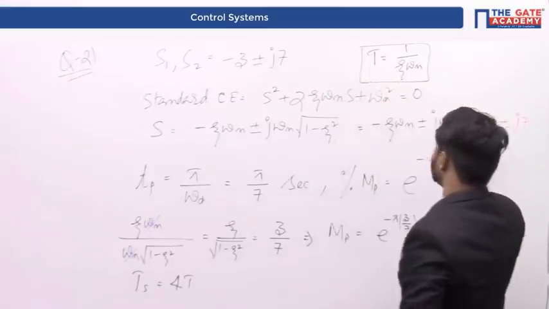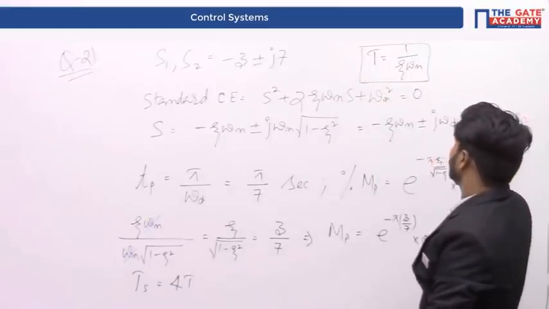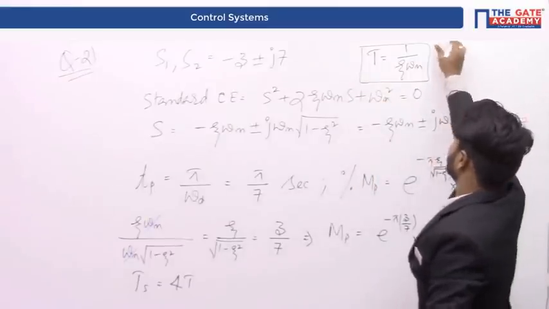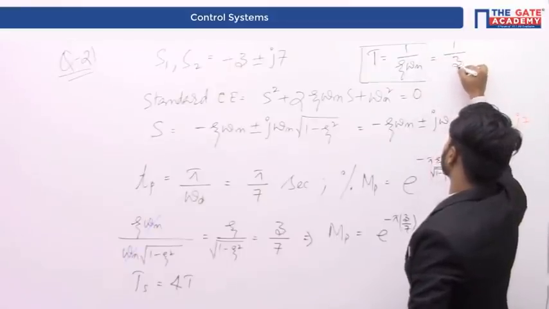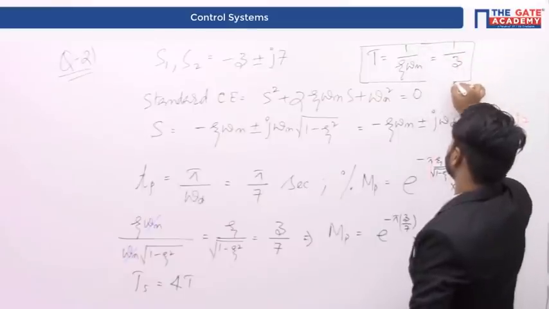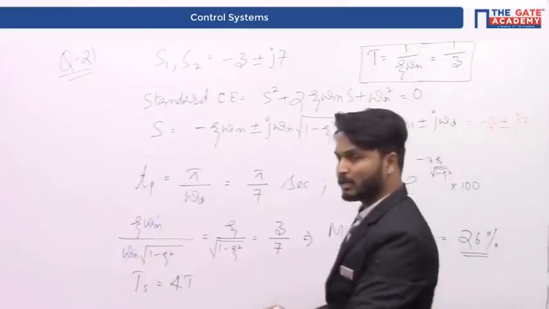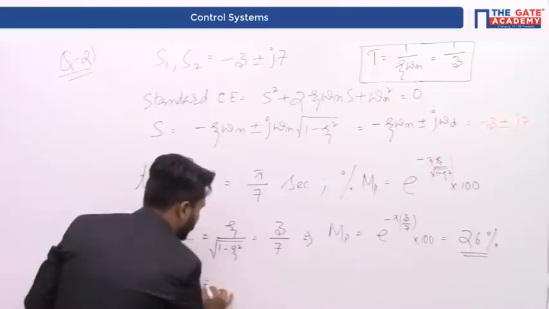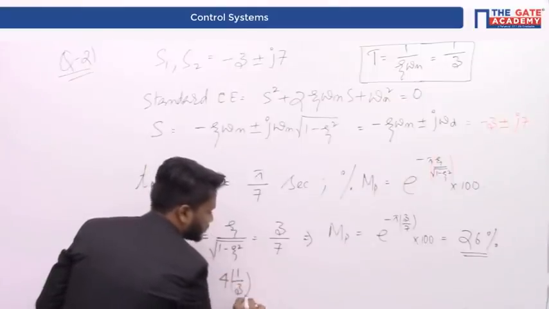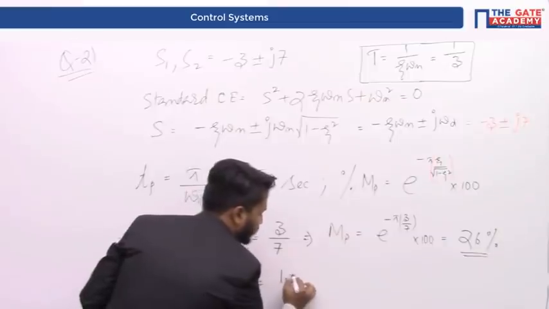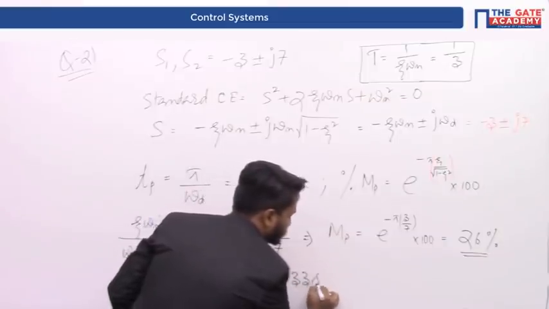So from the set of roots given here, you already know the time constant. Time constant is equal to 1 by zeta omega n, that is 1 by 3. Therefore, 4 times the time constant will be 4 times 1 by 3. It is simply 4 by 3, that is 1.33 seconds.